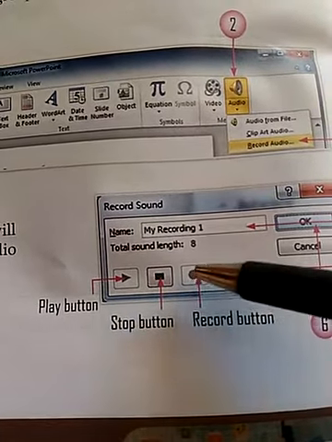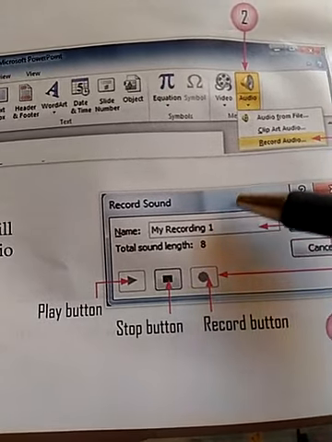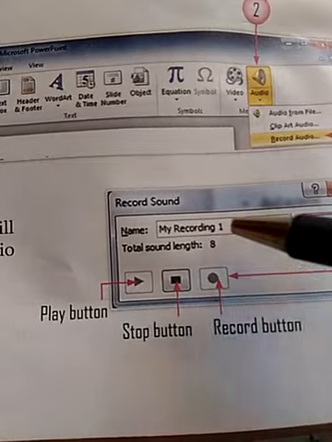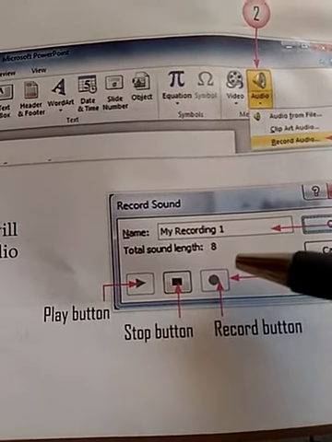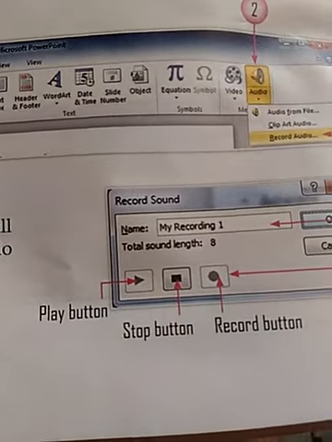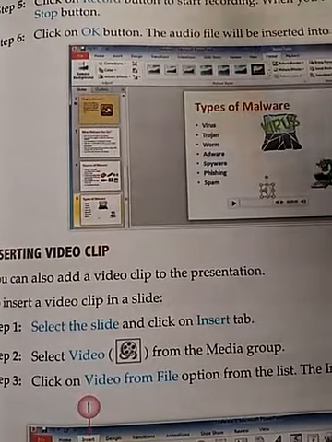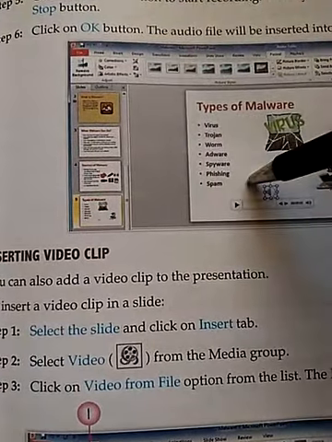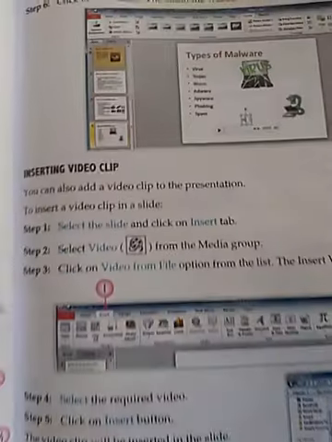Just click on this record button and start speaking what you want to record during the slideshow. After recording all the content, click on this stop button. After clicking on the stop button, your sound will automatically be inserted on the slide.